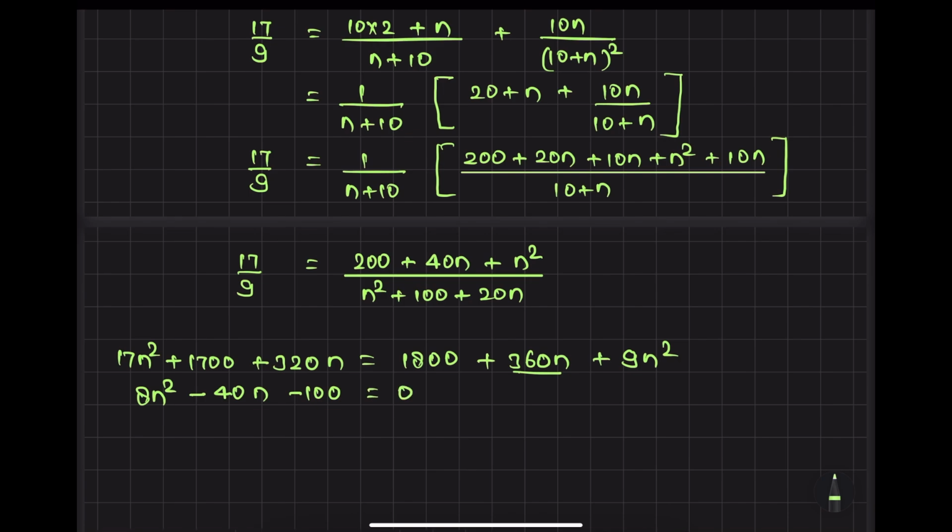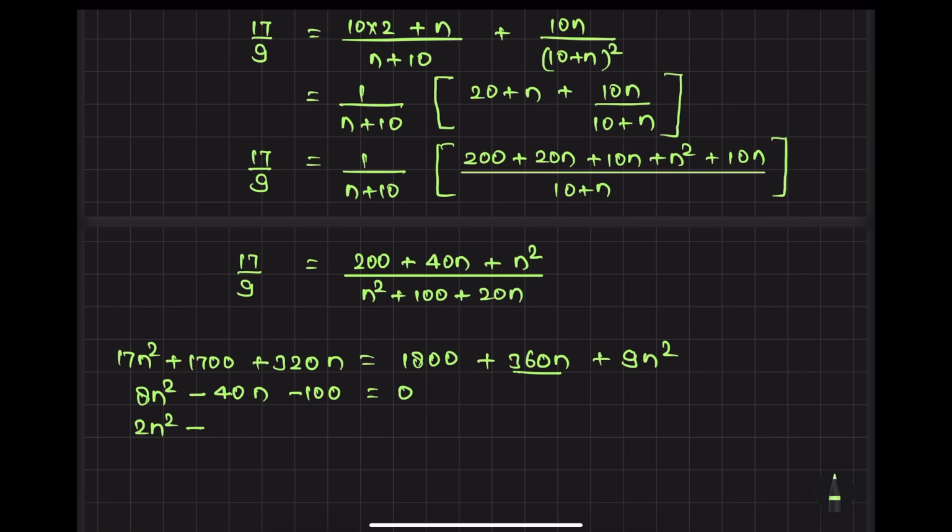Now we will divide both sides by 4, so 2n square, then we can take, this is correct or wrong? No, so 18, so this side we will have 100. Okay, correct, this is correct.